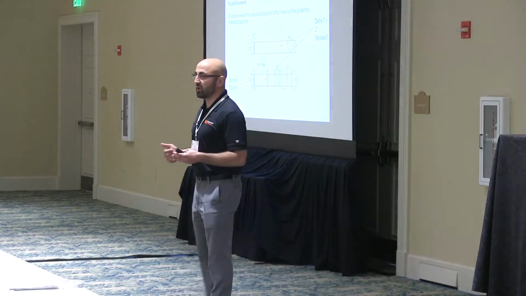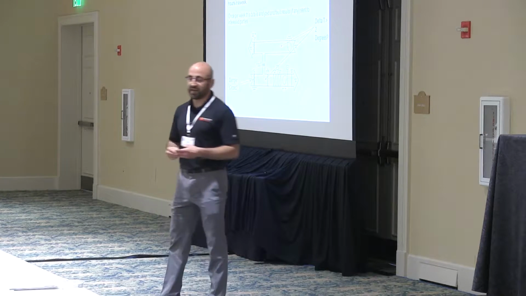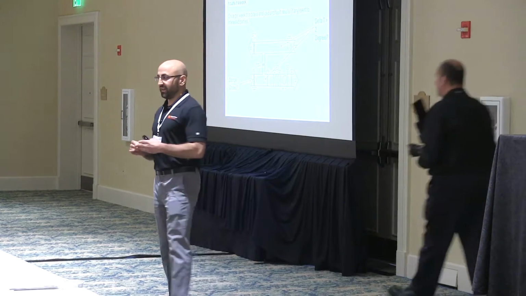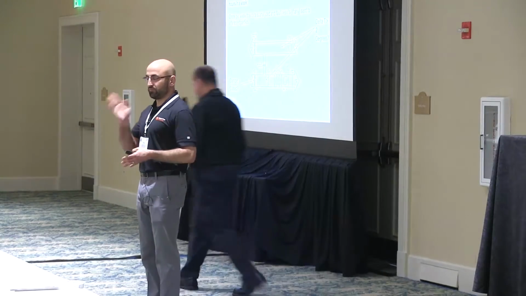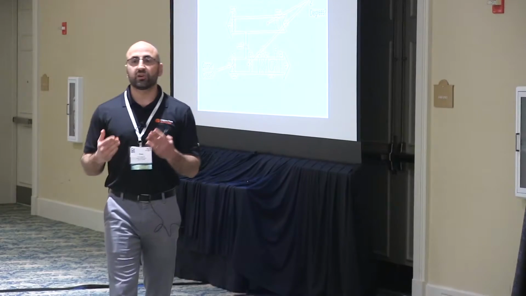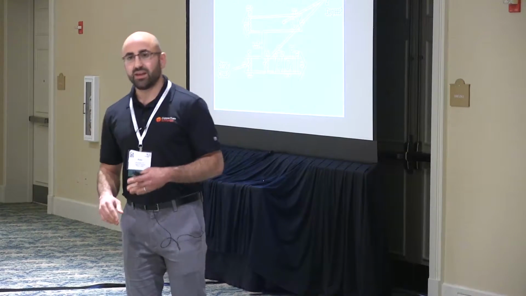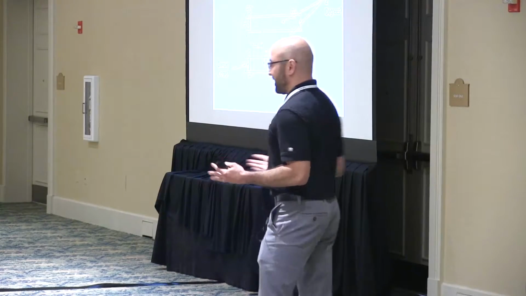A BAS alarm is typically focused on an instantaneous point in time, and it'll consider one or more inputs, and it'll trigger if a condition is met. What we're looking at are repeatable systemic issues in the building that an alarm just can't provide.